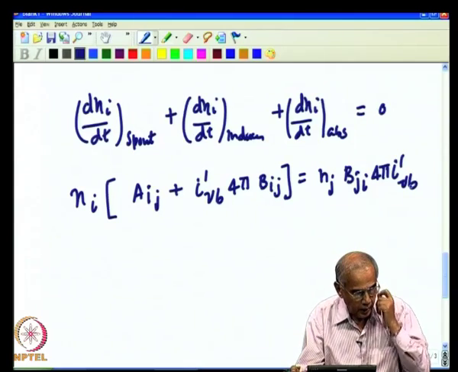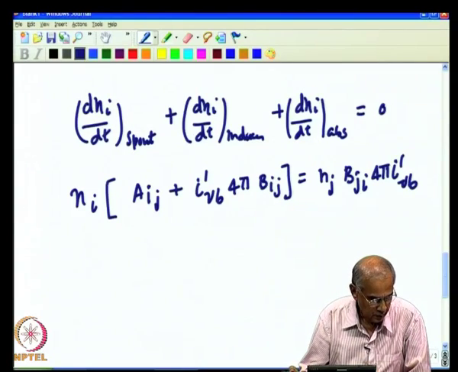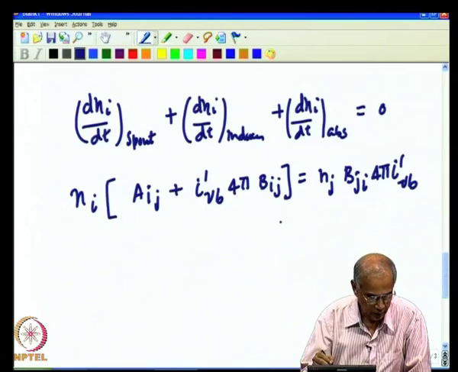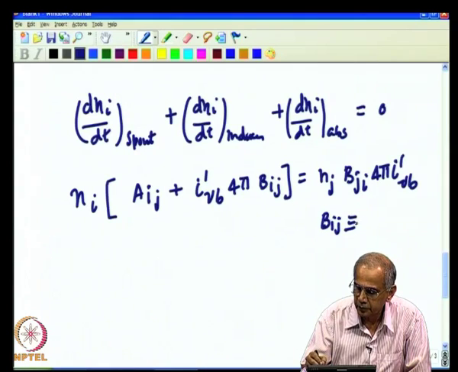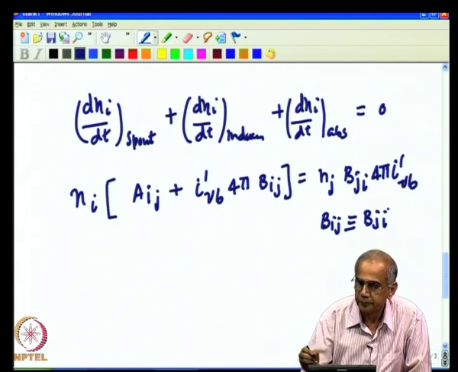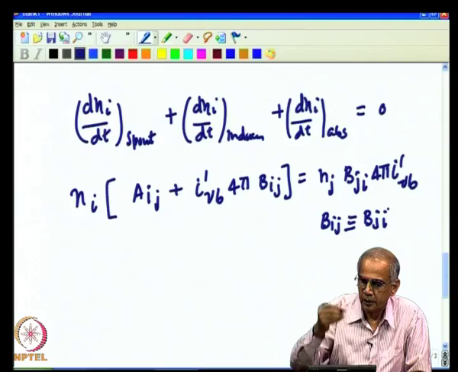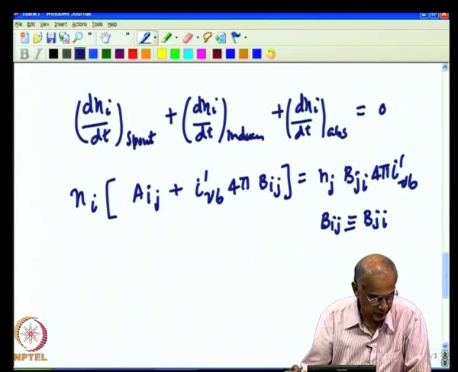Okay. And by the arguments related to symmetry and reciprocity, Einstein assumed that Bij must be equal to Bji. The process of emission and absorption have to be symmetric and reciprocal.